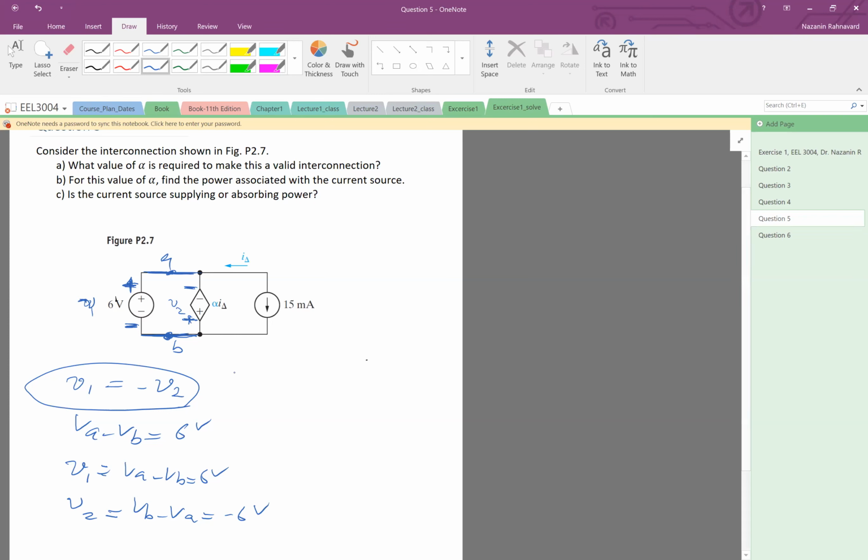So I would put V2 equal to negative 6 volts.